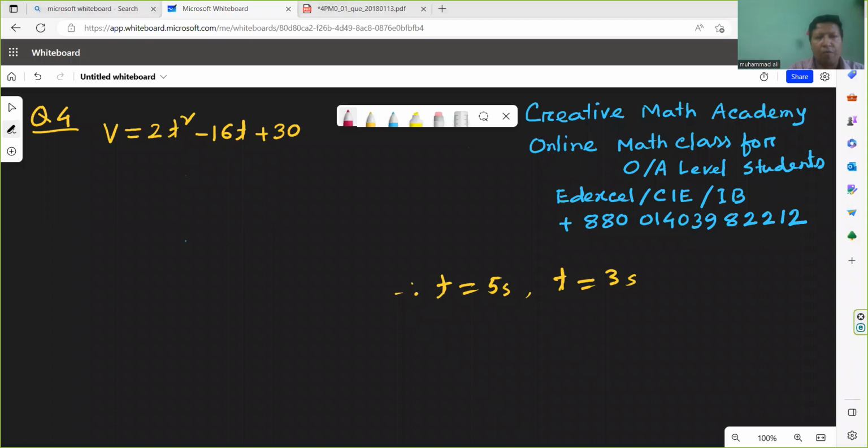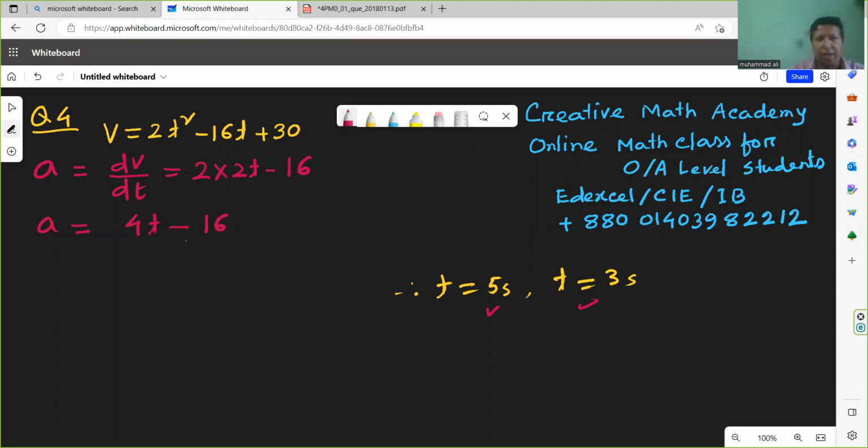Now, if we want to find the acceleration at each of these times, we have to differentiate this velocity with respect to time. If we differentiate velocity with respect to time, it will be 2 multiplied by 2t minus 16. So acceleration equals 4t minus 16.